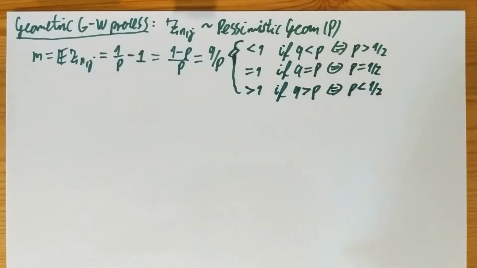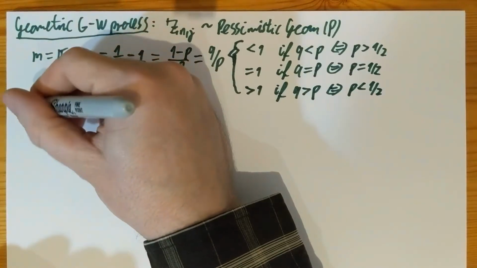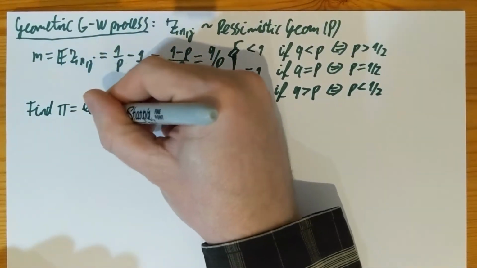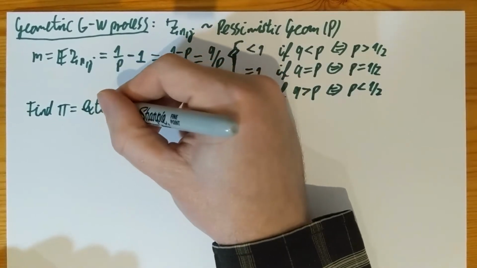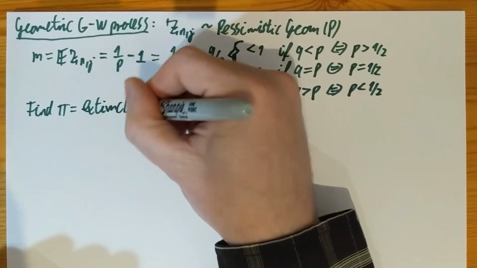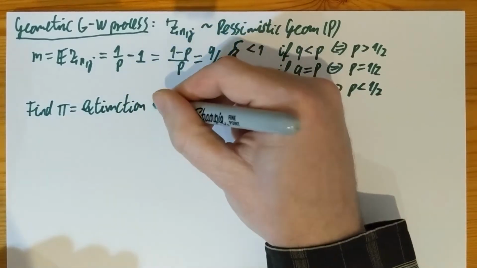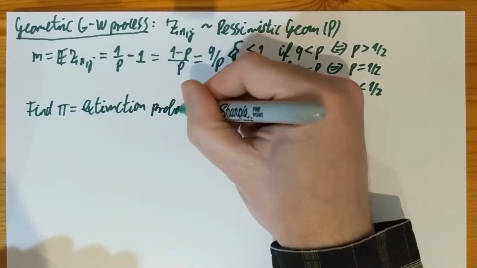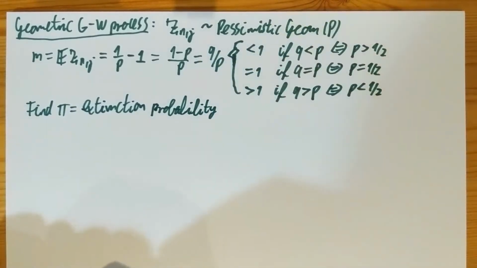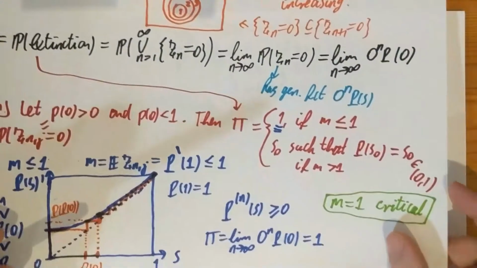And let's actually find the extinction probability. Let's find pi, the extinction probability. Okay? Alright, so we had a theorem for that in the previous video.